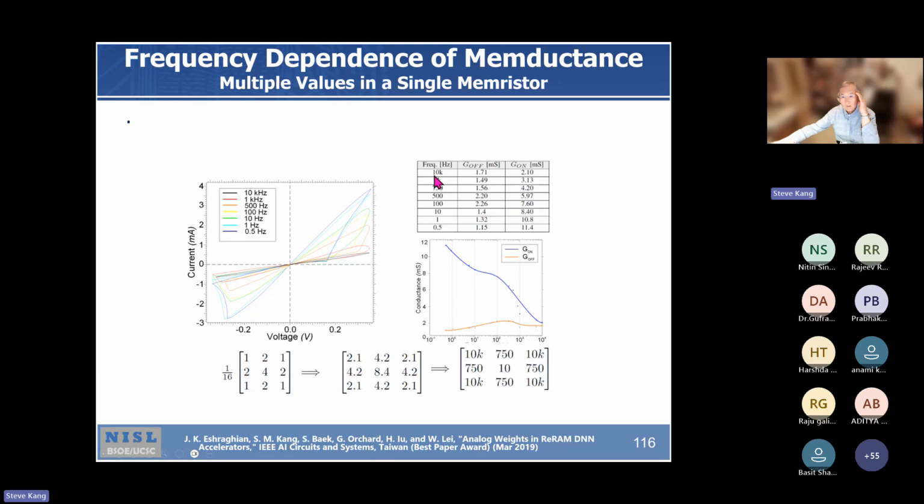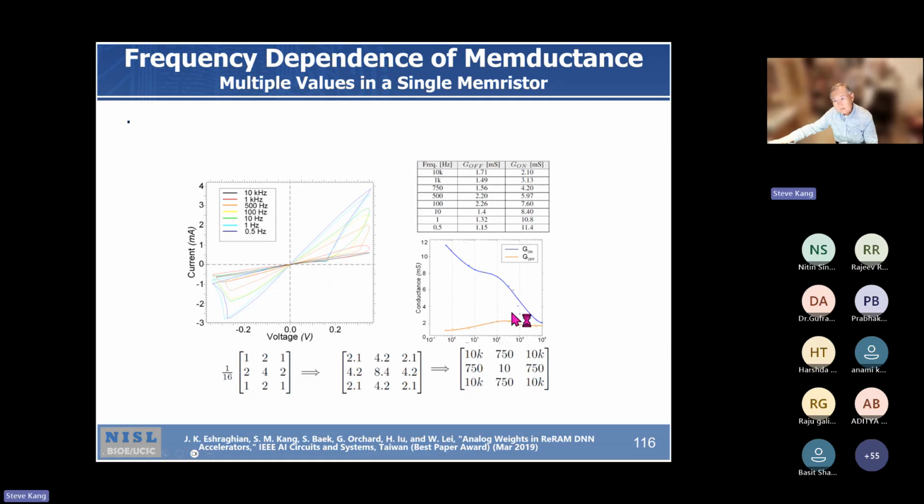All the way to 10 kilohertz, 1.7 and 2.1. So see, the difference shrinks as the frequency increases, because at infinity it's supposed to be one straight line and will be the same value, right? So you can see that for different frequencies, your conductance value changes.